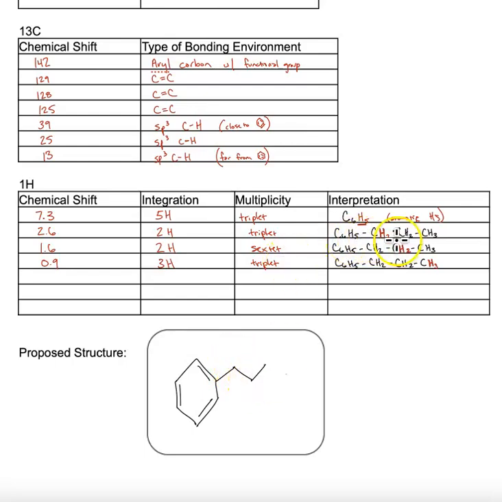So the 1.6 chemical shift with the sextet multiplicity is indicative of these 2 hydrogens, and the lowest chemical shift belongs to 3 hydrogens, a triplet multiplicity, which makes sense because there are 2 hydrogens here, and 2 plus 1 gives us a triplet for these guys. And this is our proposed structure for the given information.